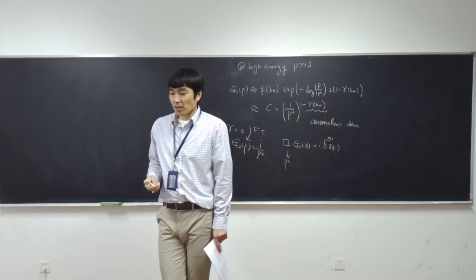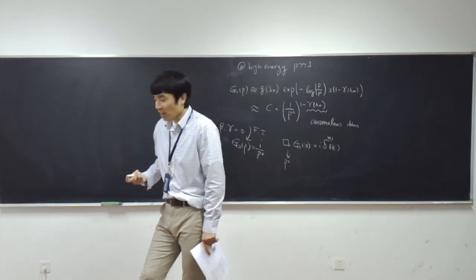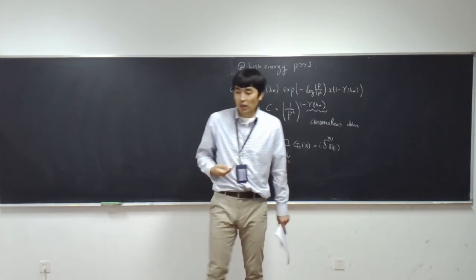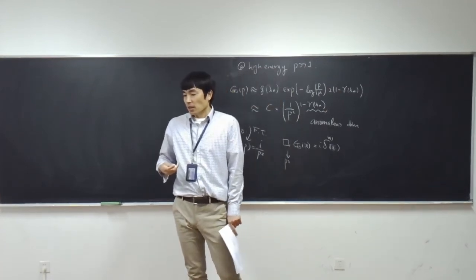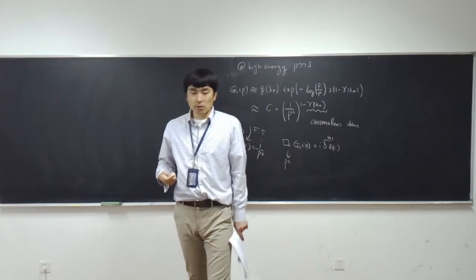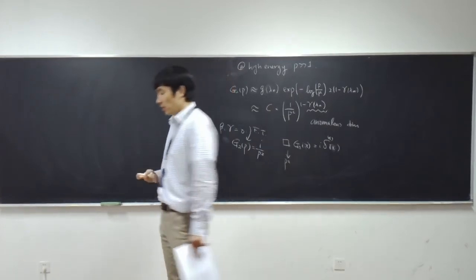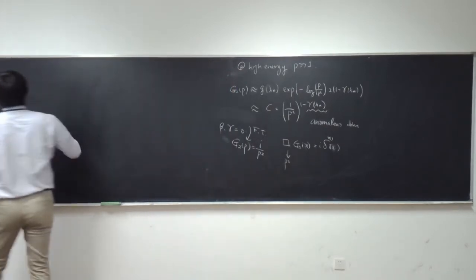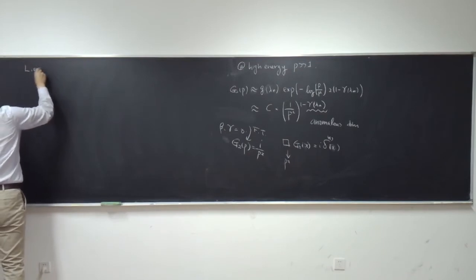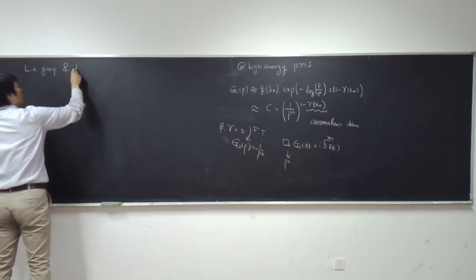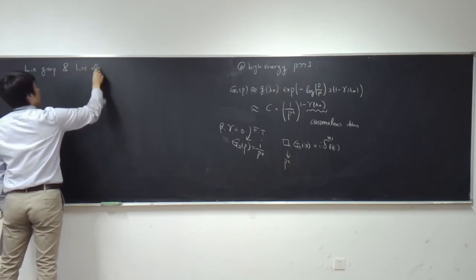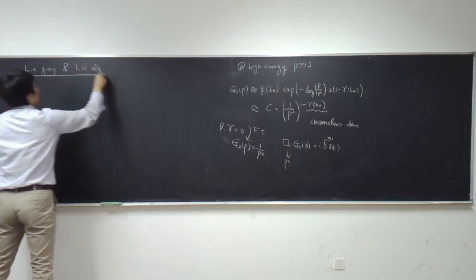So I'm going to talk about non-abelian gauge theory from now. And last time we talked about the abelian gauge theory, and we tried to introduce the Lie group and the Lie algebra. Okay.